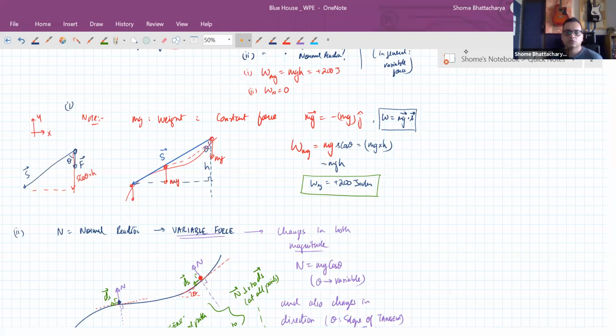Okay. And of course, we will be doing H.C. Verma's exercises also in this chapter. So next lecture is going to be very important. We are going to discuss the relationship between work done and kinetic energy. And we are going to discuss work done by spring force.